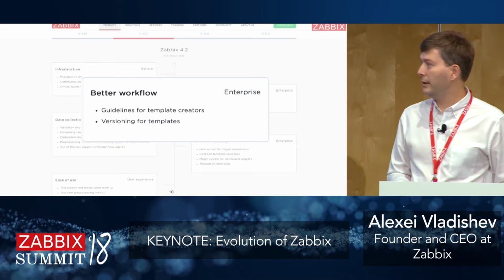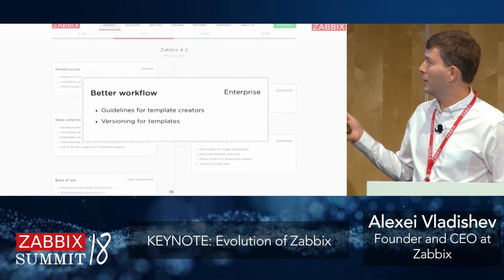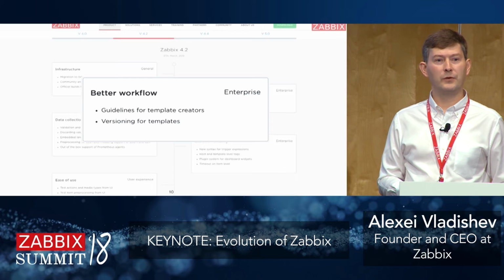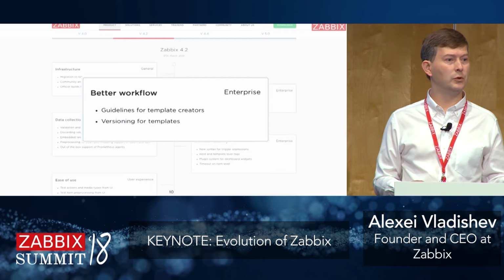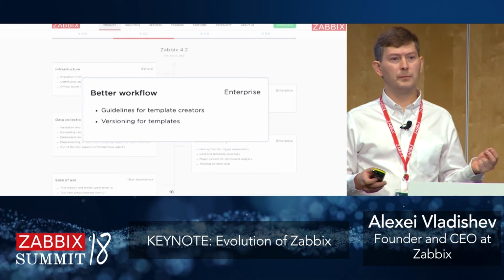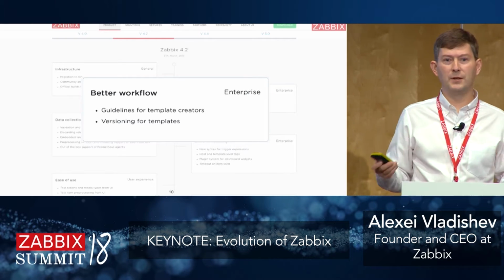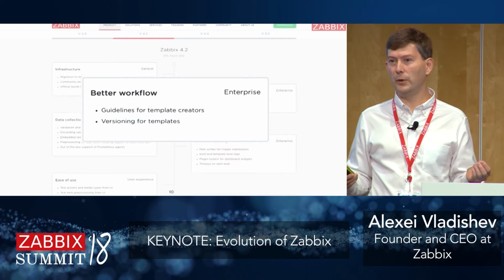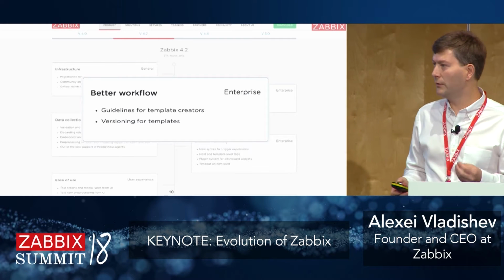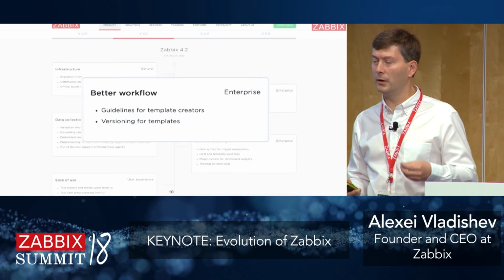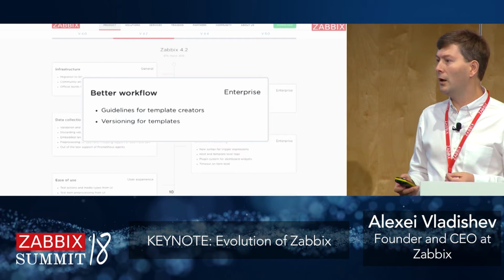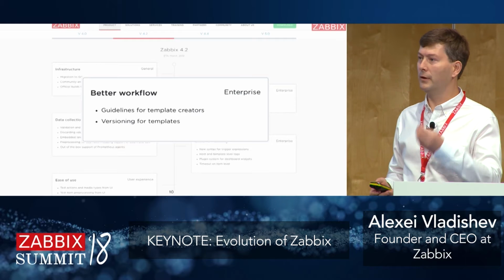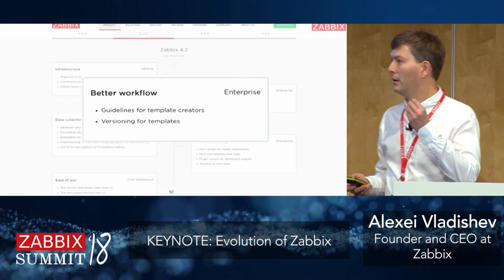Another really important part is the creation of guidelines for templates, because at this moment it's really hard to say if a template is good or not, or whether it follows some standards. At this moment, we don't have any standards well defined. So it's really important, in cooperation with the community, to develop a set of guidelines so we can say exactly, those templates are good.